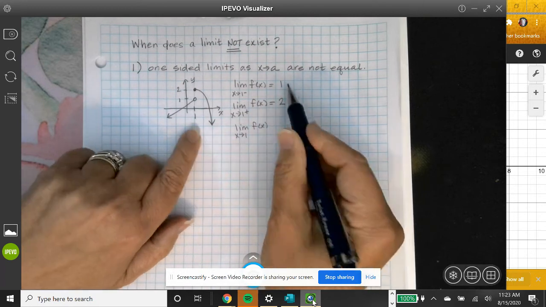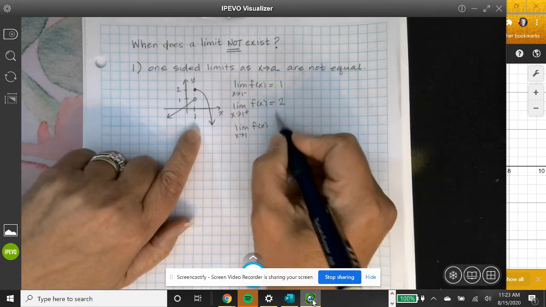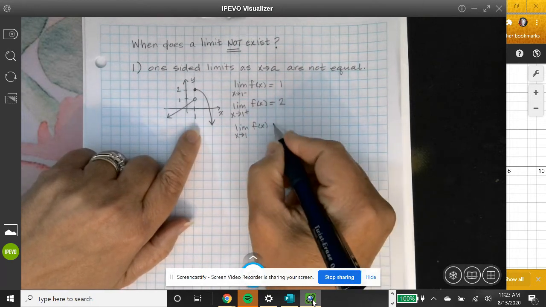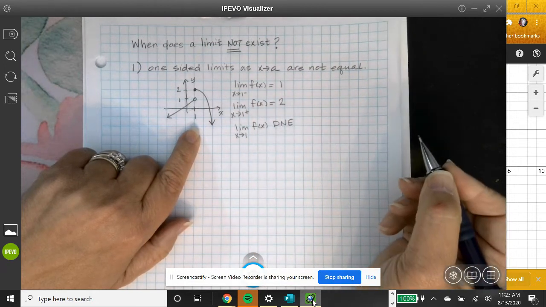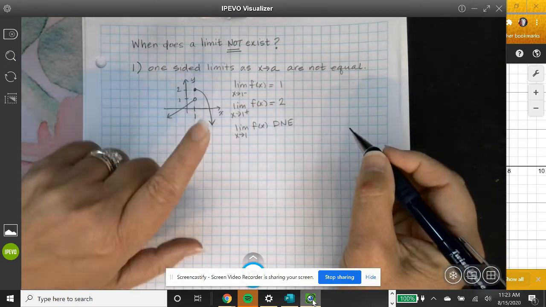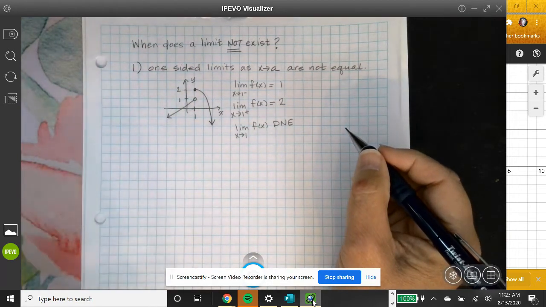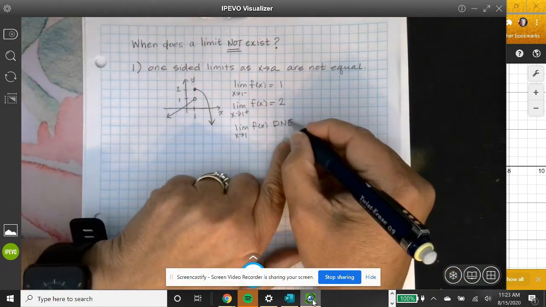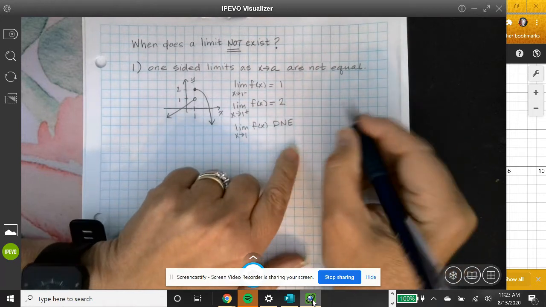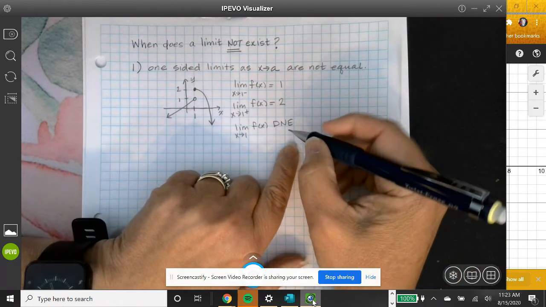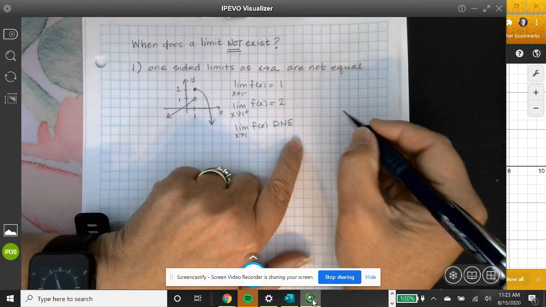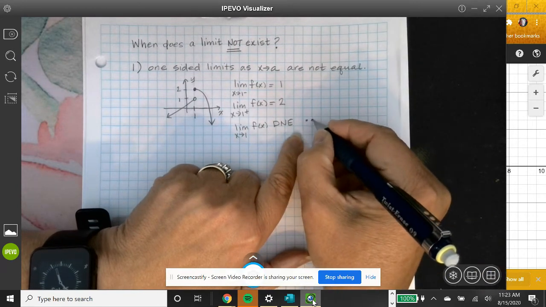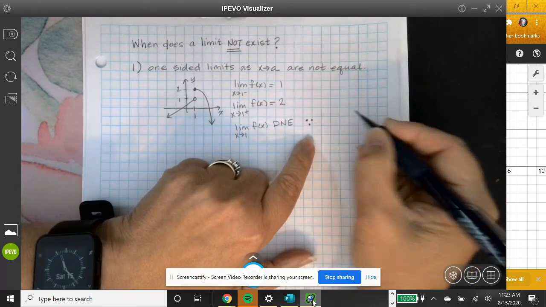Well, here, the limits from the left and the right are not equal, so this we would designate as does not exist. Okay, because we're not approaching the same numerical value. Now, in calculus and in pre-calc, when you are designating a limit that doesn't exist, you should explain mathematically why, and we're going to use the since notation.